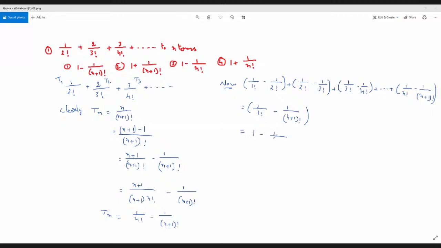So the sum is 1 minus 1 divided by n plus 1 factorial. Please note down as early as possible.